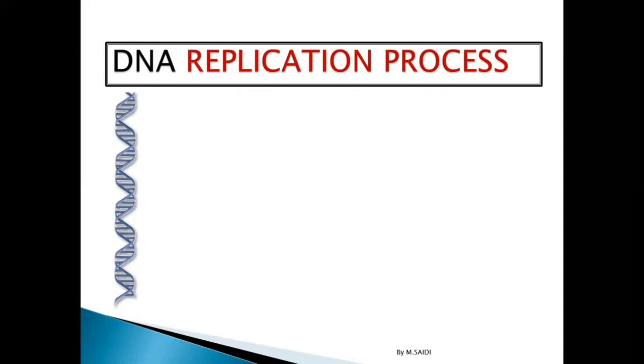You need to first know the structure of DNA. Then you follow the diagrammatic representations, and then you form the two new DNA molecules which are genetically identical. Using that diagrammatic representation, you can write the points which are needed.